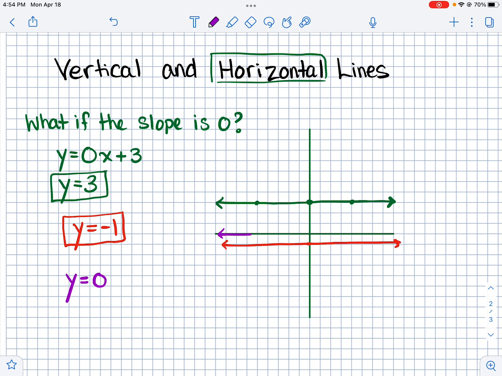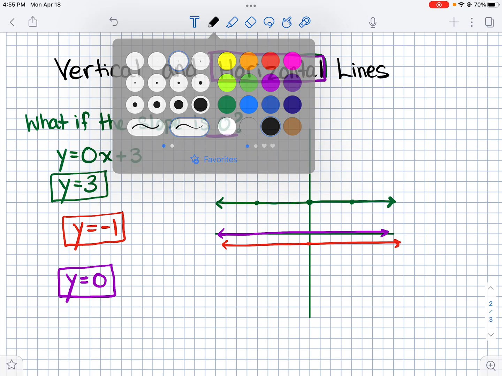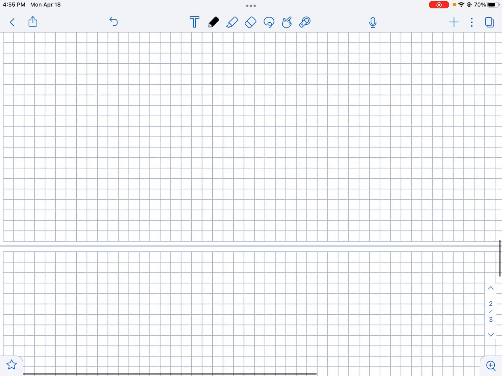That would be like right on the x-axis. So all of these lines have a slope of 0 and they are horizontal. And they all have this same looking equation in common. Y equals a number.